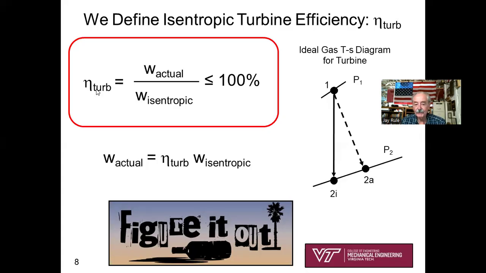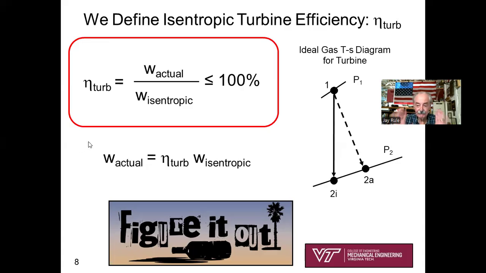Eta turbine. Turbine efficiency is defined as little w actual divided by little w isentropic. So in other words, it's the work from process 1 to 2a divided by the work, W dot over m dot, from 1 to 2i.